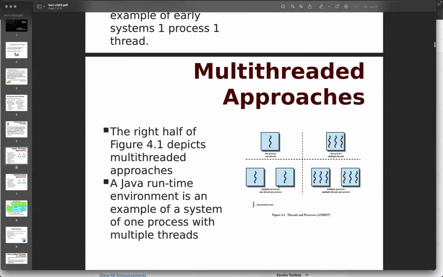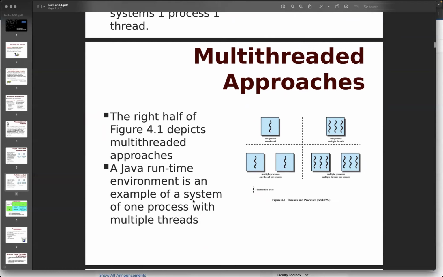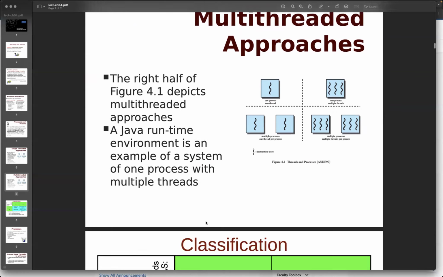So nowadays, the right half is what we have now, which depicts the multi-thread approach. The Java runtime environment is one of the systems with one process and multiple threads.